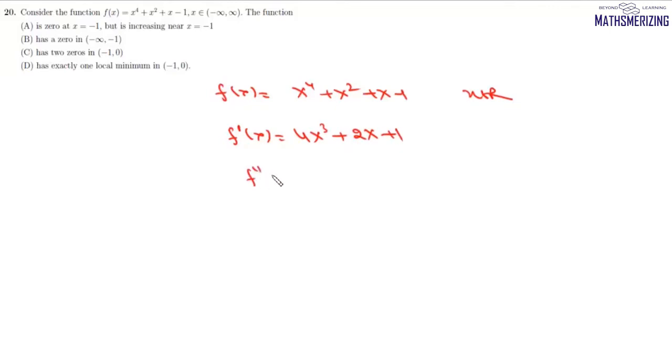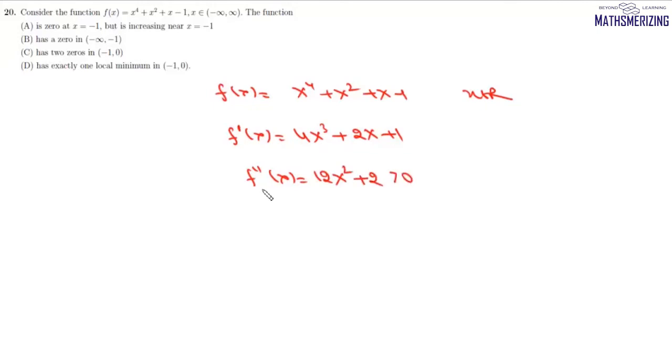Now the question is, we are given this function f(x), which is x to the power 4 plus x square plus x minus 1 for x belongs to R. We need to find its zeros and its points of local minima or maxima. Now if we find f dash x, it will be 4x cube plus 2x plus 1, and if we find its second derivative, it will be 12x square plus 2, which is greater than 0.